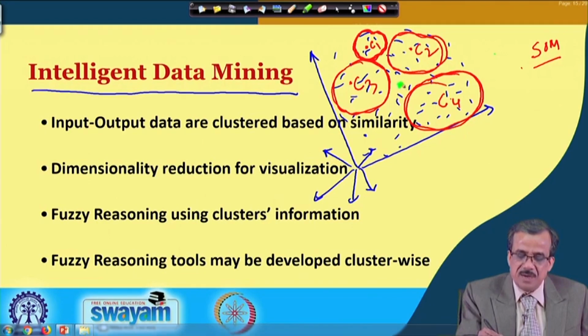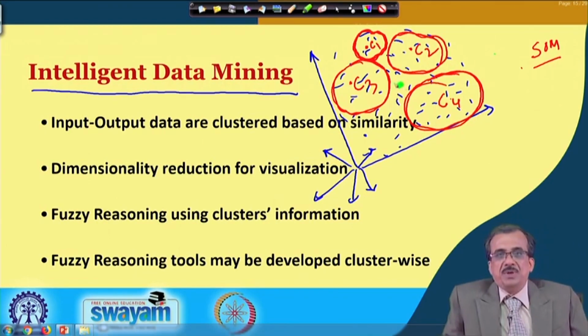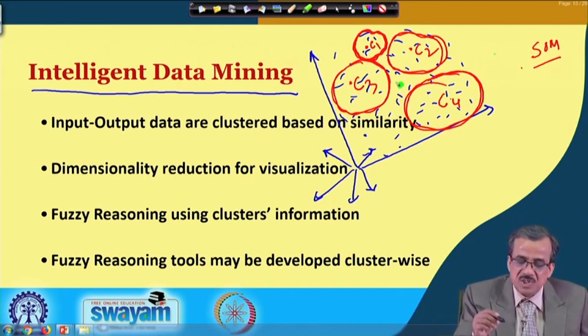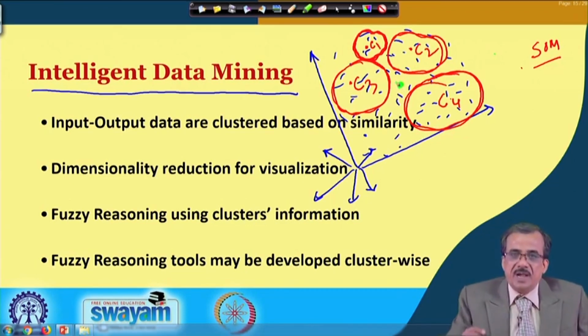So, I am supplying the set of inputs, and our aim is to find out what should be the set of outputs. The moment I pass this test scenario, I have got the set of input parameters.